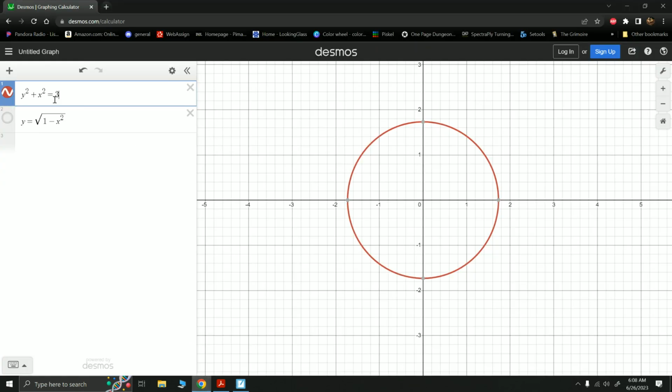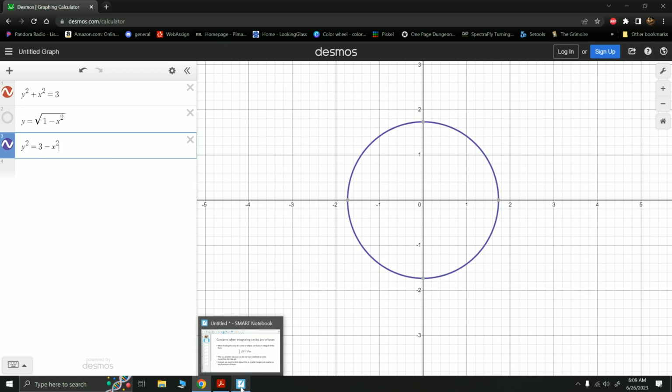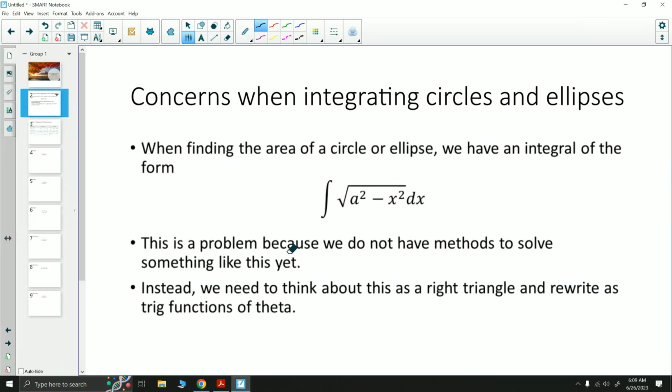Because if you think about it, if we just solved for y squared equals 3 minus x squared, this is still describing the curve that we have here. We don't need the square root, but this isn't a function, so we often describe it in terms of a function. That's something to be aware of.